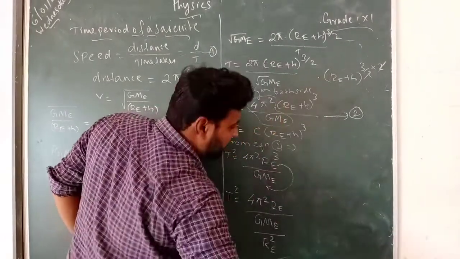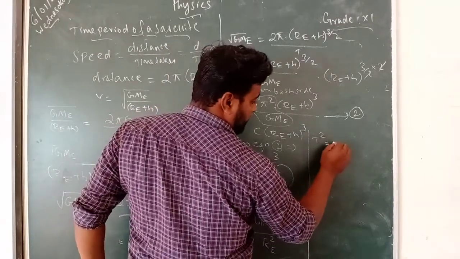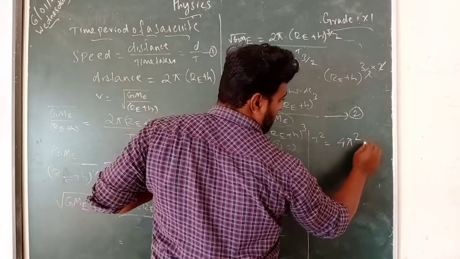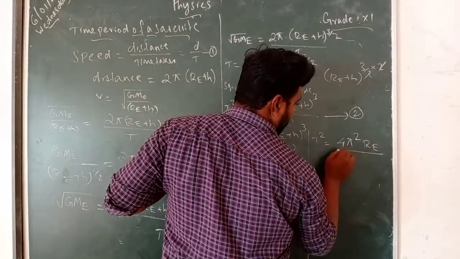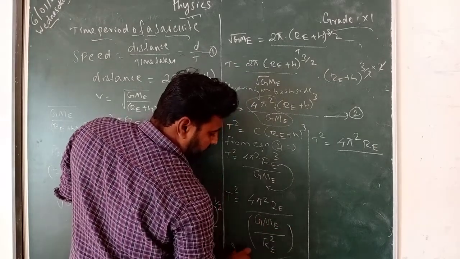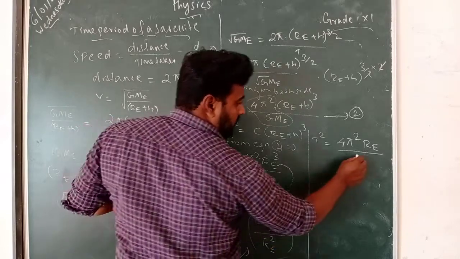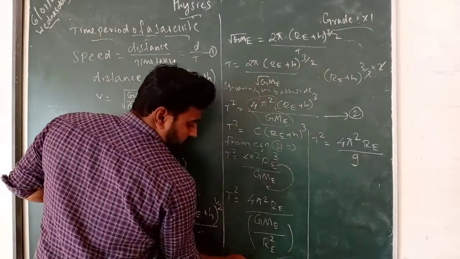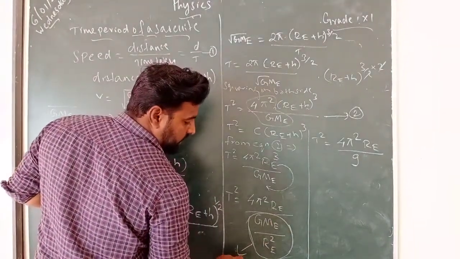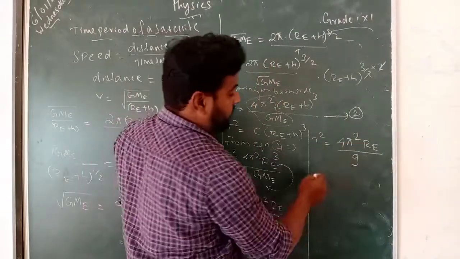So this equation becomes T square is equal to 4 pi square R_E divided by g. Instead of this GM_E by R_E square, we are taking g. Now take the square root.